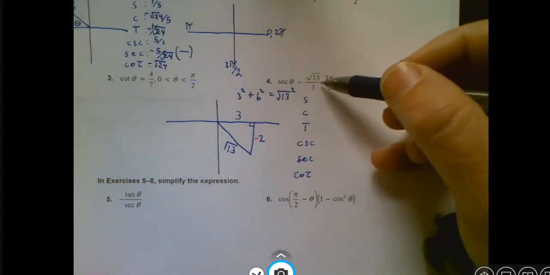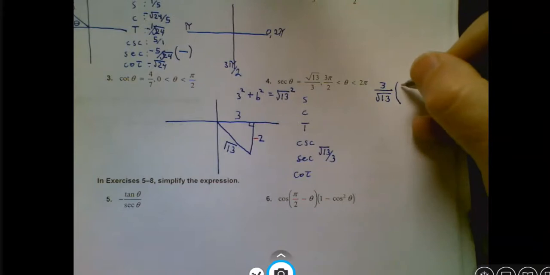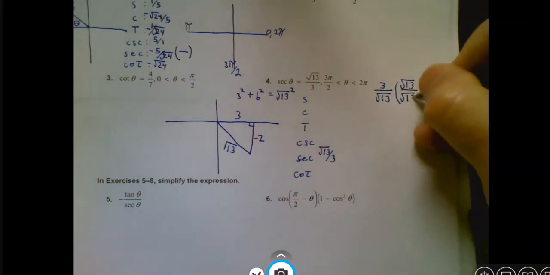They gave us 1 to start with, the rad 13 over 3 for secant. So I would flip that upside down to get my cosine value. Let me work out a little side work here. If I flip that upside down, it puts my radical on the bottom, so we're going to do a little side work to clear that.